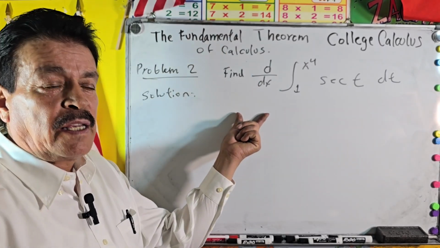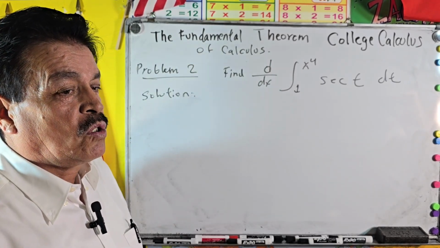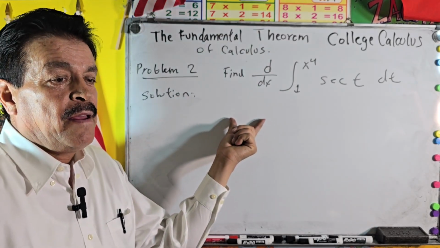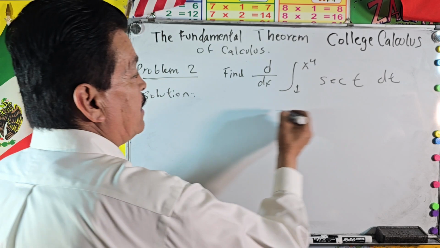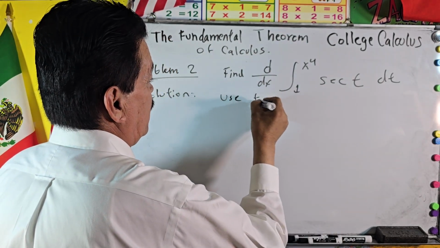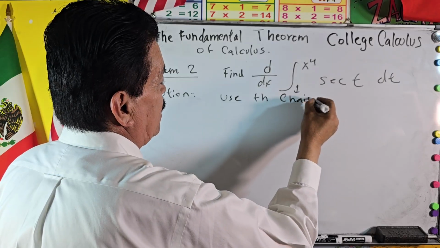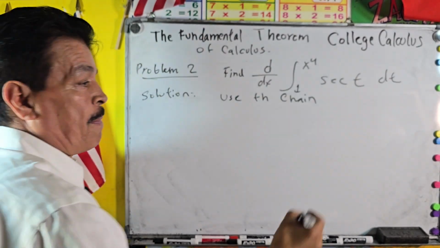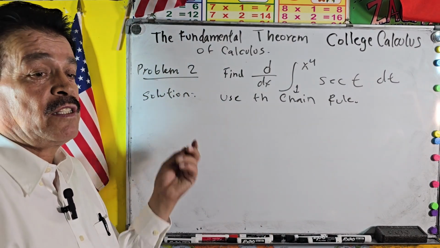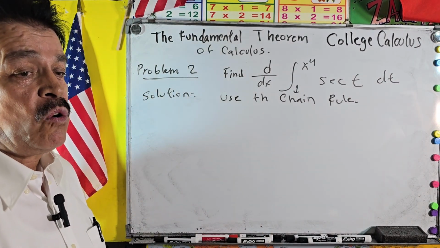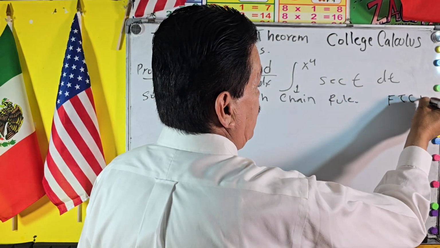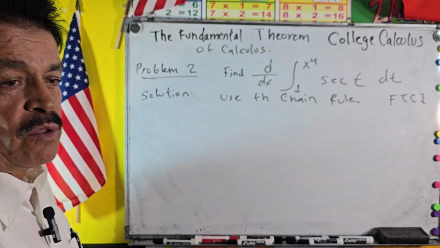In this problem we have to be careful to use the chain rule in conjunction with the FTC, okay, so we have to be very careful.